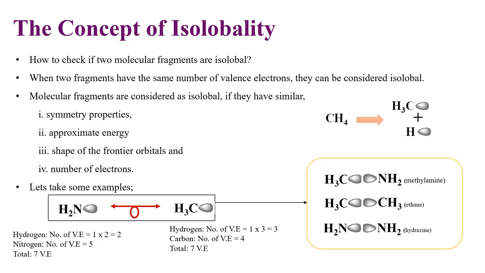Now, if I take the example of NH2, the amine radical, it is formed by the removal of one hydrogen atom from an ammonia molecule. As I explained for methane, the same thing is applicable here.